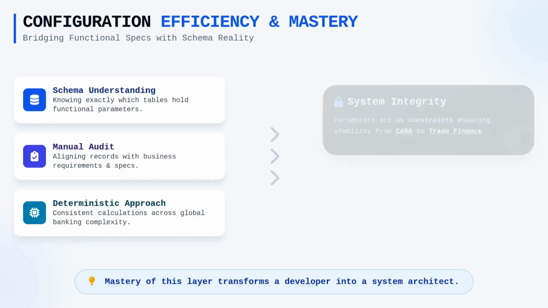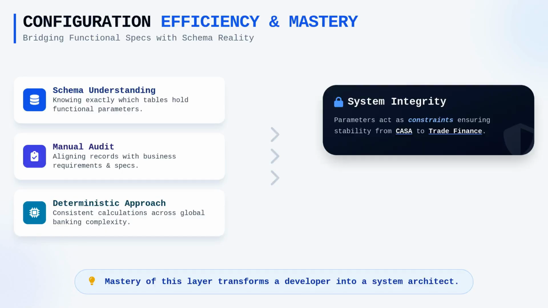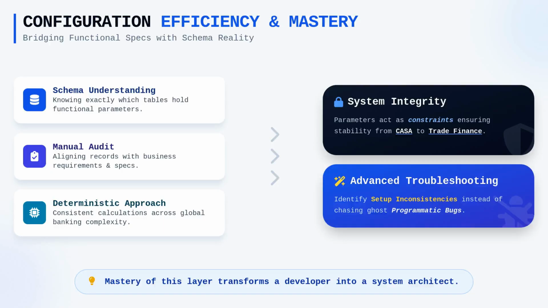We must view every parameter as a constraint that helps the system maintain its integrity across multiple modules, from CASA to complex trade finance workflows. By mastering this layer, you gain the ability to troubleshoot complex issues that originate from underlying setup inconsistencies rather than programmatic bugs.